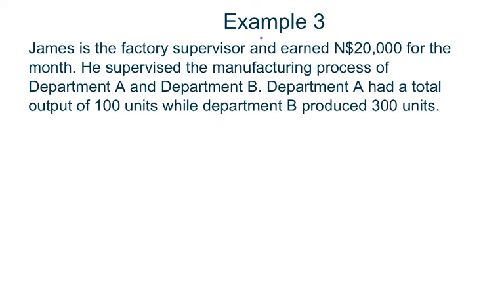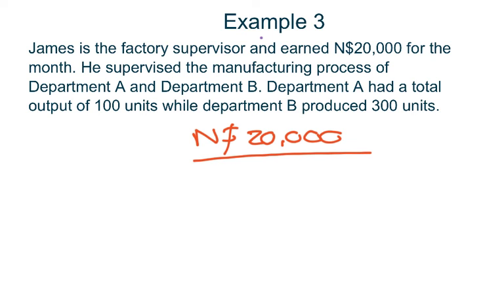Let's quickly start. All right, so we had a total expense of 20,000, and this total expense needs to be divided into Department A and Department B. So let's see what was the total output of Department A and B, and we can see it's 100 units plus 300 units. So in other words, I will write there 100 plus 300 equals 400 units.